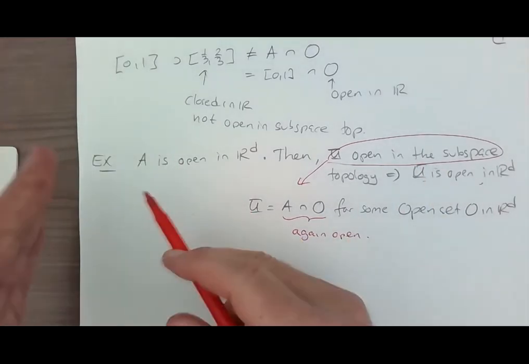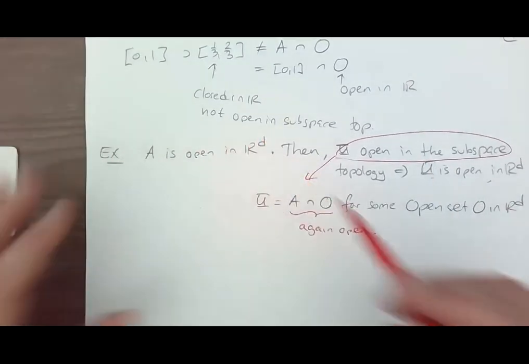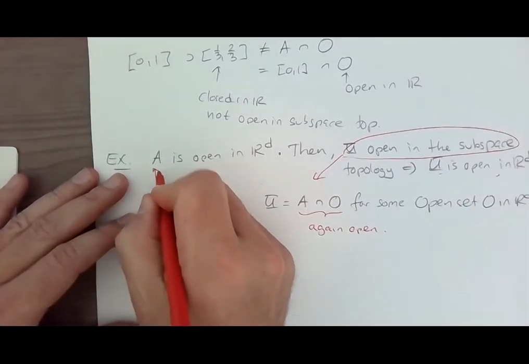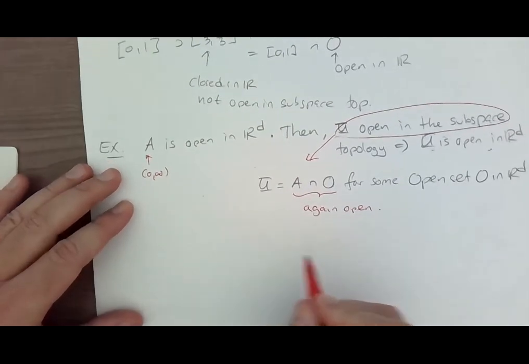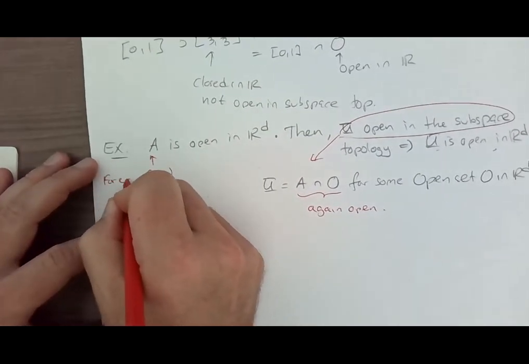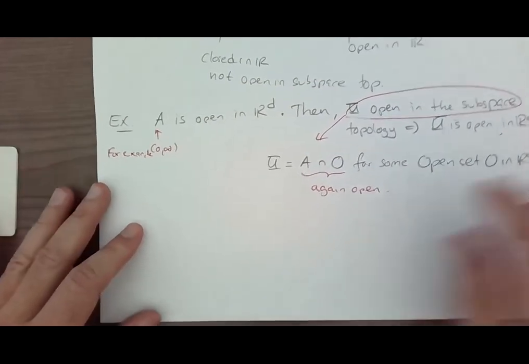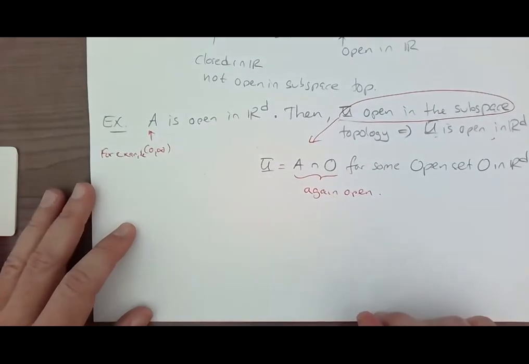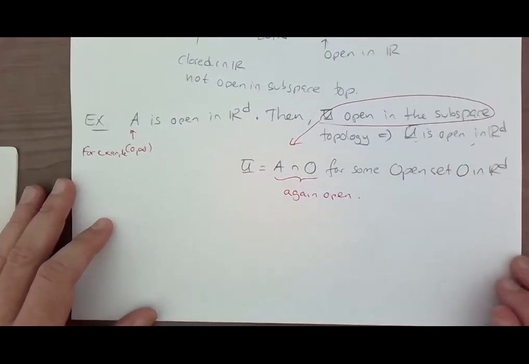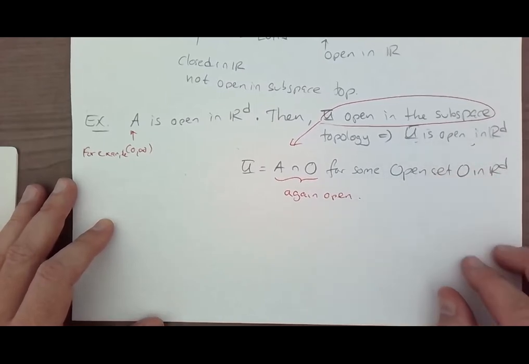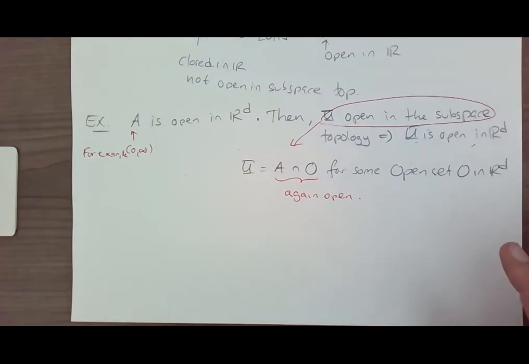So if the set that you start out with, the domain of your function, is open, this could be like 0 to infinity, then the open sets in the subspace topology are also going to be open sets in the topology that we use. Excellent question. More questions?